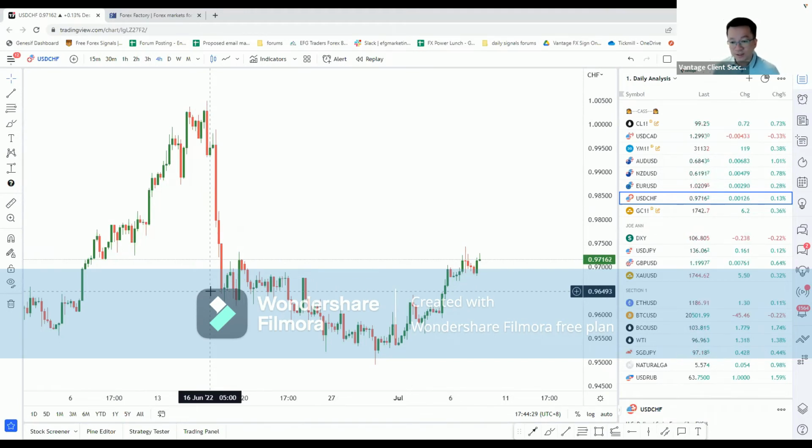They were anticipated not to change interest rates, but they surprised markets with a 50 basis point increase, which caused a massive strengthening in the Swiss franc, pushing the US Swiss franc down from that 1.00 level all the way down.